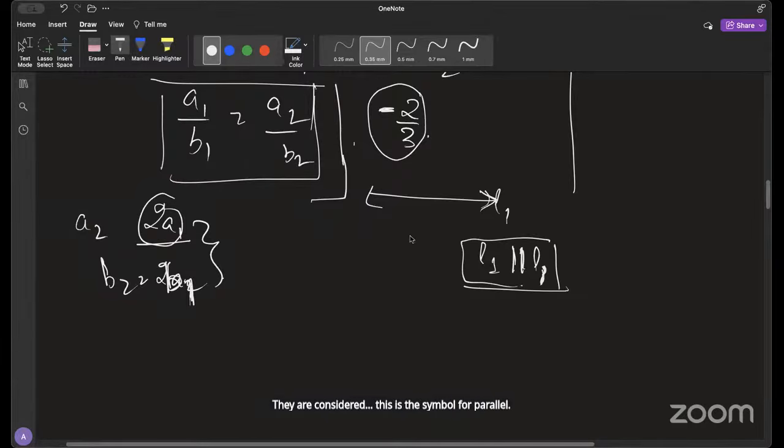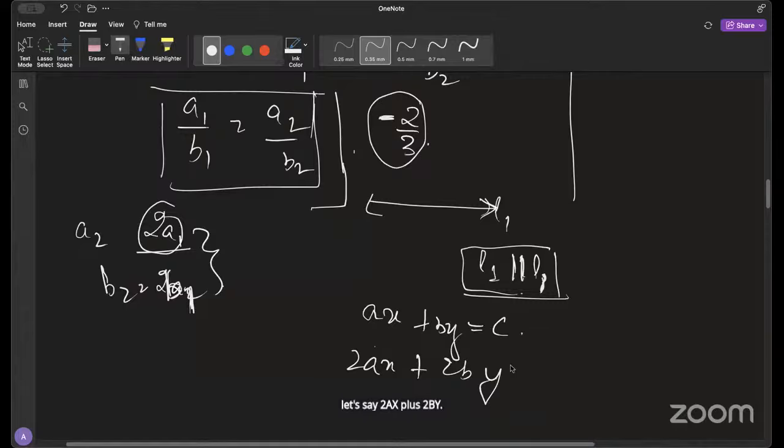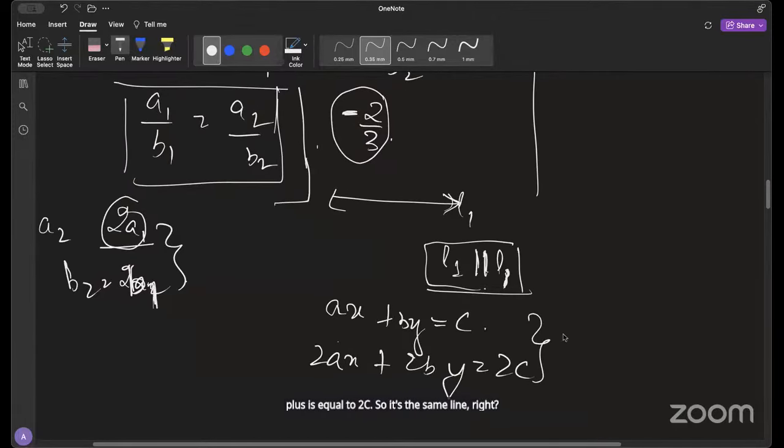In case you take ax plus by plus c equals 0, and then you take 2ax plus 2by plus 2c equals 0, it's the same line, right? This is also L1, and a line is considered to be parallel to itself.